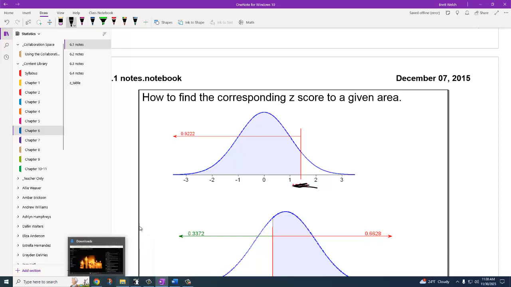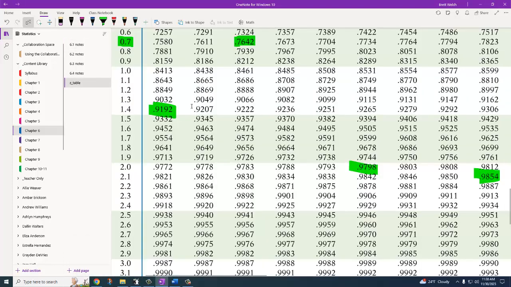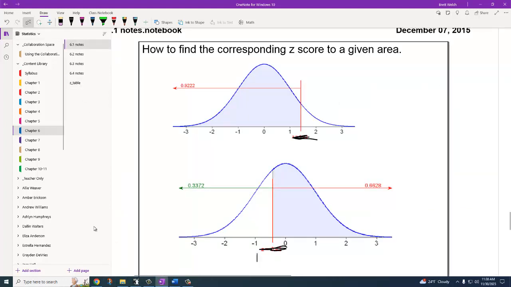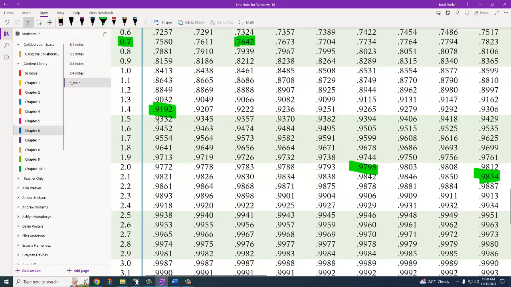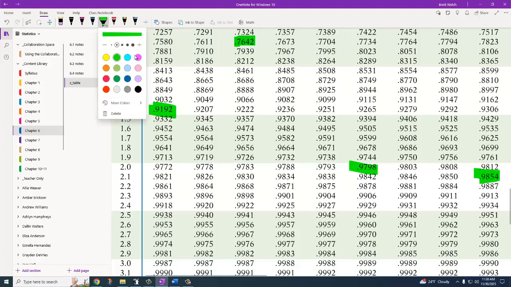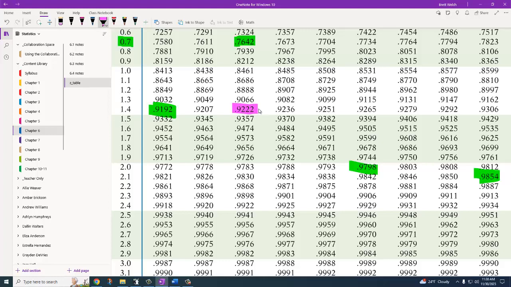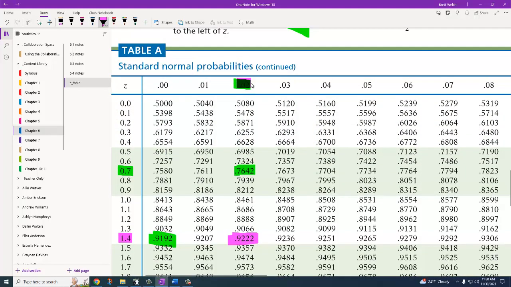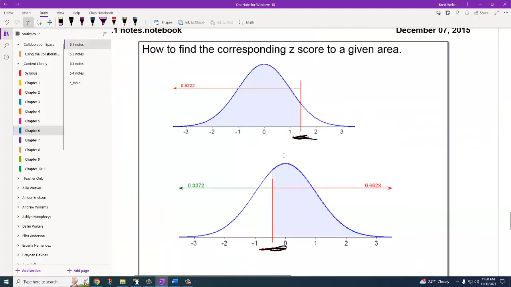And so I'm going to go back to my chart, and I'm looking for a 9222. Was there a 9? Yeah, 9 and then 3 2s. So for instance, I see a 9 and then a 3, I see a 935. I want to go 920, 9222. So if that's the target that I want, what's the z-score? 1.42. Okay, and so I could say that this one would have to have a z-score of 1.42.